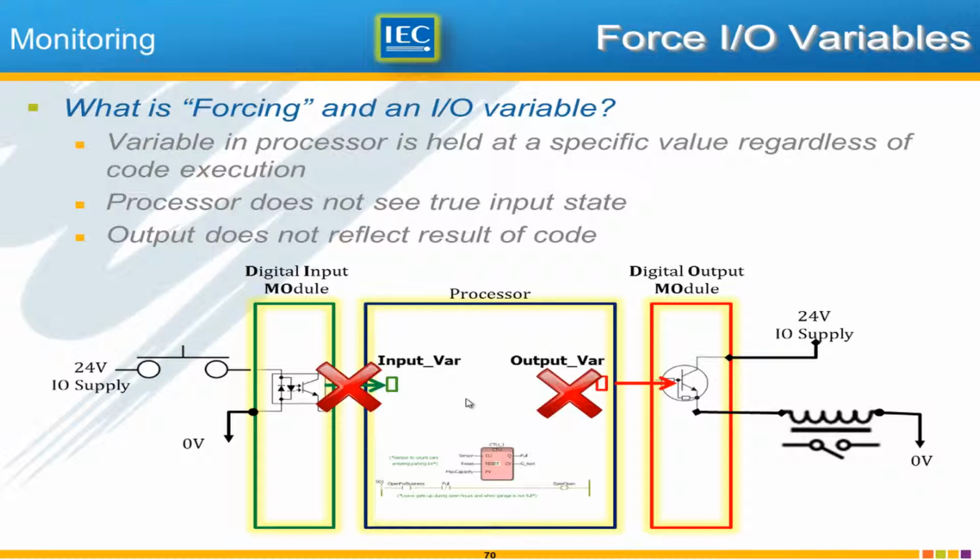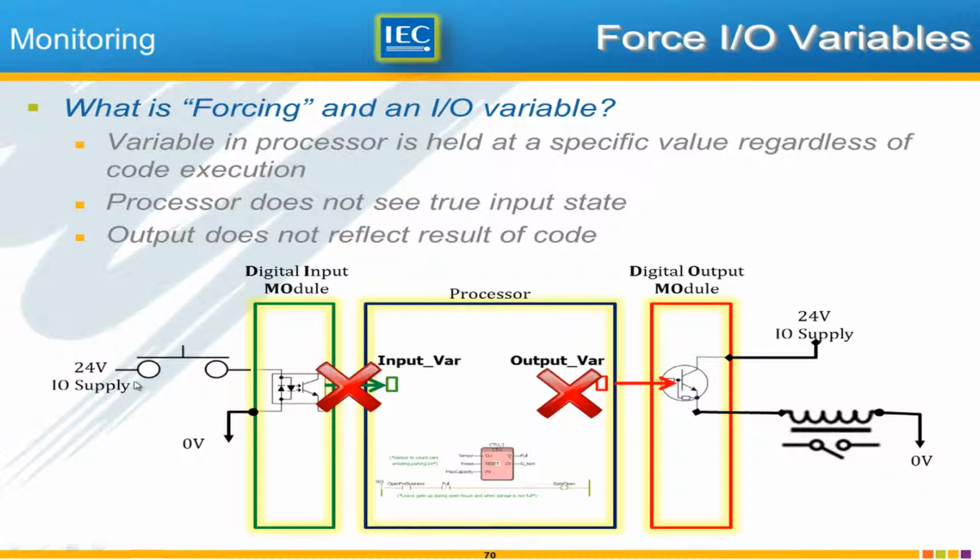Now, since this is IEC basics, I should probably take a step back and point out what the use of forcing an I/O variable is. Why would you ever want to do that? The most basic answer is troubleshooting. We have this digital input module, a switch, and a 24-volt supply.